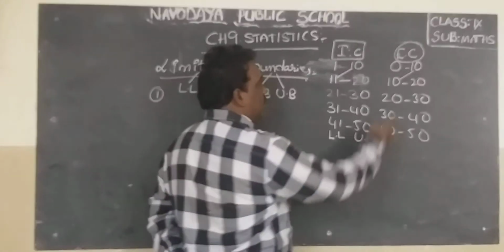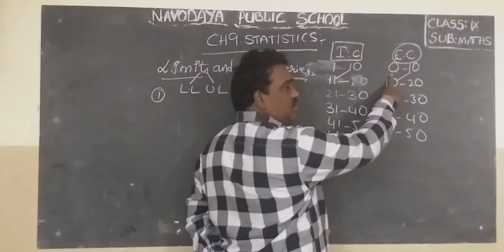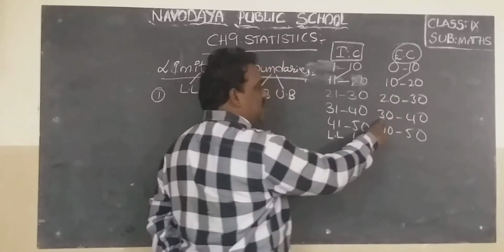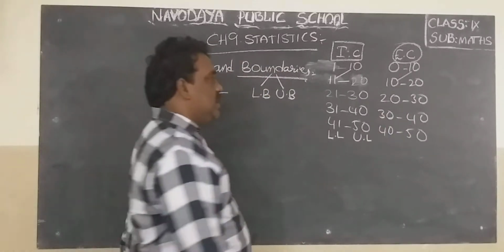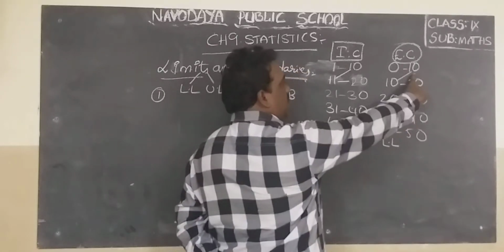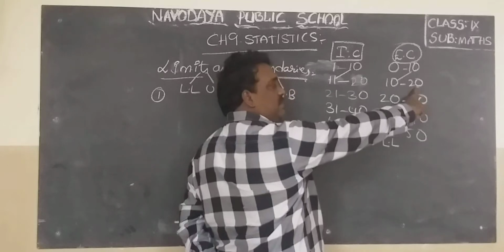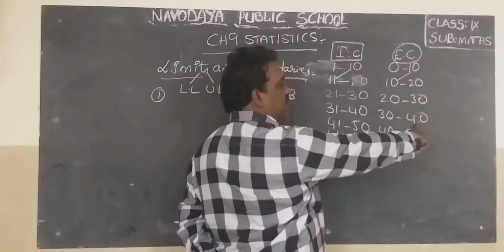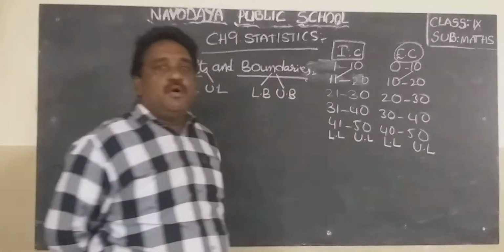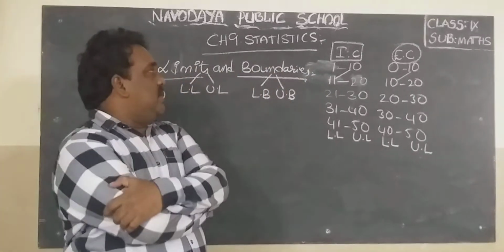Coming to exclusive classes: 0, 10, 20, 30, 40 are lower limits, the starting values. Then 10, 20, 30, 40, 50 are upper limits. That is about lower limit and upper limit.